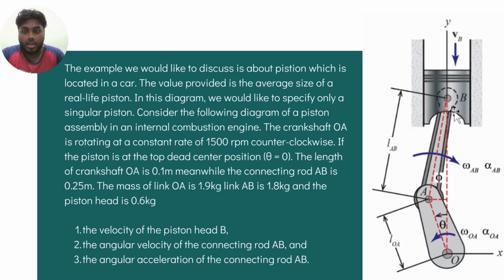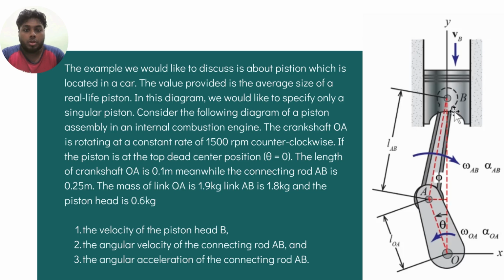Meanwhile, the connecting rod AB is 0.25 meter, so we can say 250 millimeter as well. The mass of link OA is 1.9 kilograms, the link AB is 1.8 kilograms, and the mass of the piston head is 0.6 kilogram.